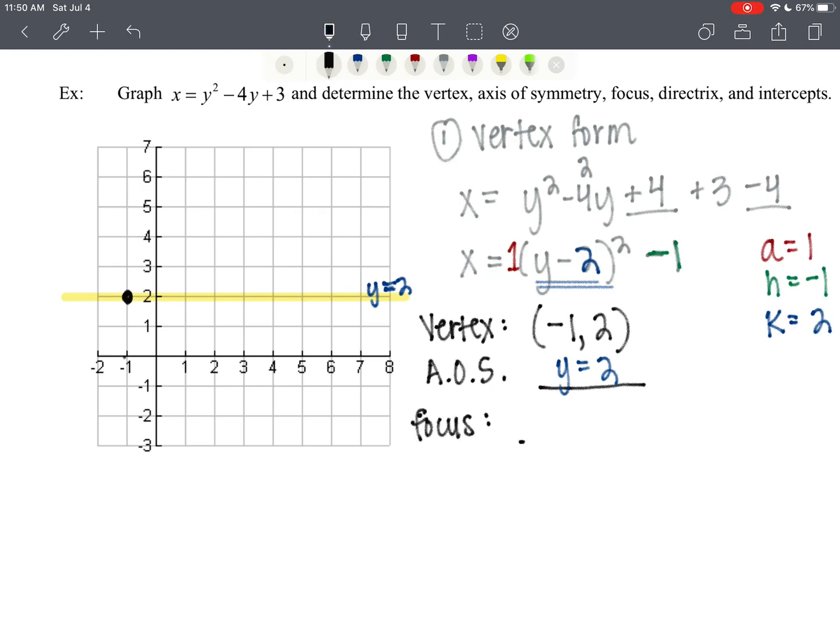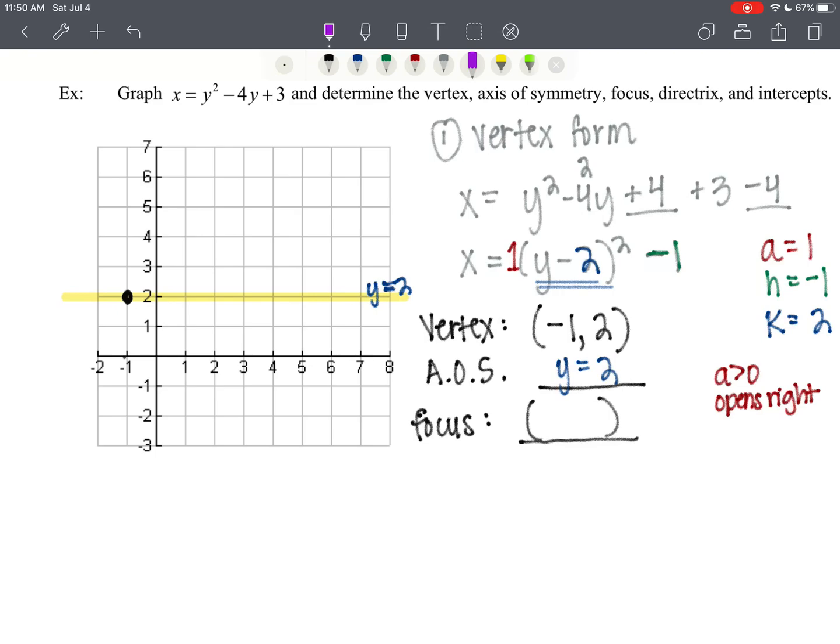Next is our focus. Where is the focus? What's the ordered pair for the focus? Well, the focus is going to be sitting on that axis of symmetry, and it's going to be a certain distance away from the vertex. Because a is positive, a is greater than 0, we're opening to the right. So that means that the focus is going to be sitting to the right of the vertex.